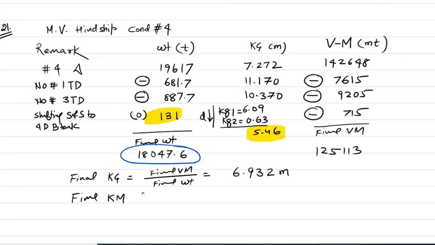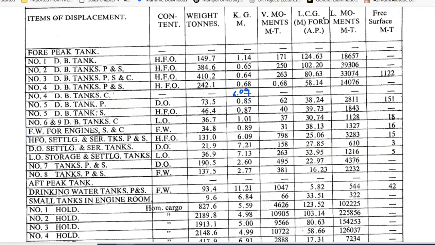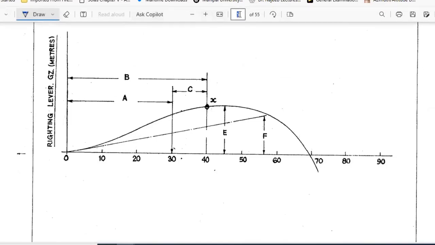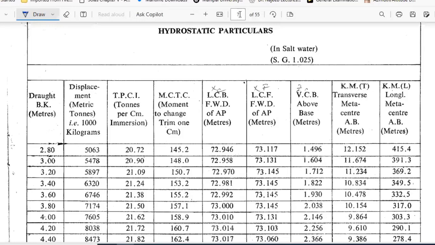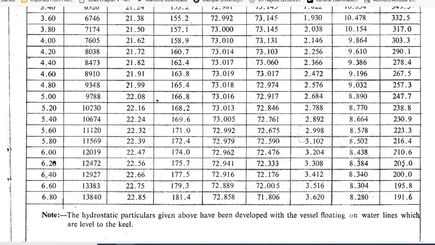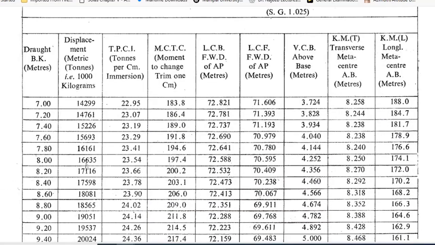Let's go to the table, page number 7 and 8. I need to scroll up again. Let's see the displacement, it will be on the next page.